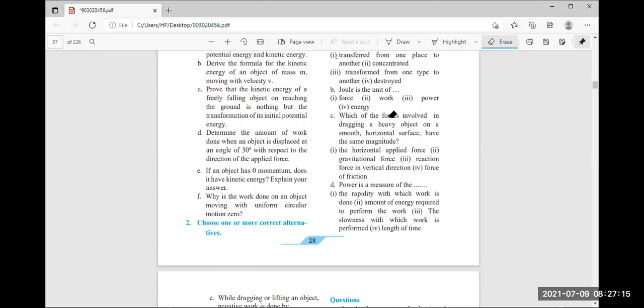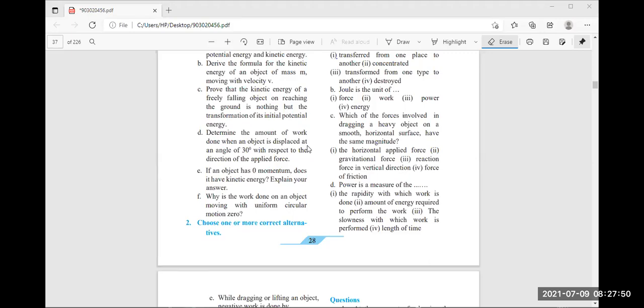Now, next, third one. Which of the forces involved in dragging a heavy object on a smooth horizontal surface have the same magnitude? Apeksha Bhandari, what's the answer? Gravitational force and reaction force in vertical direction. Okay. Then Om Chalak, the same.